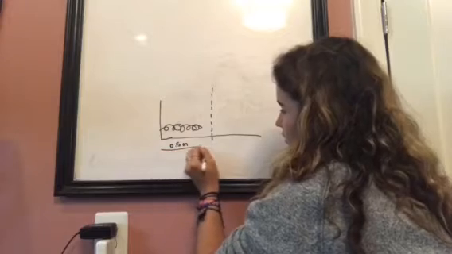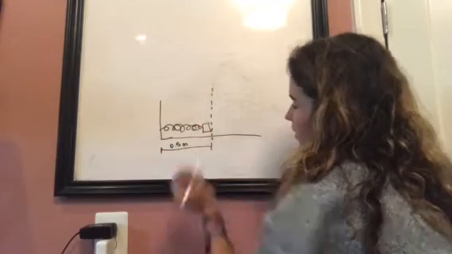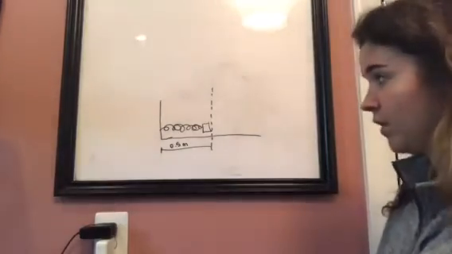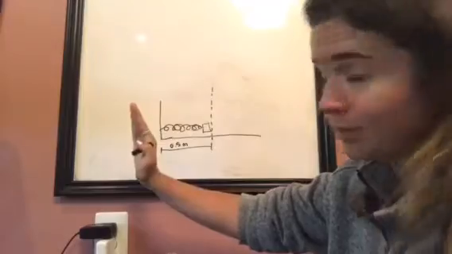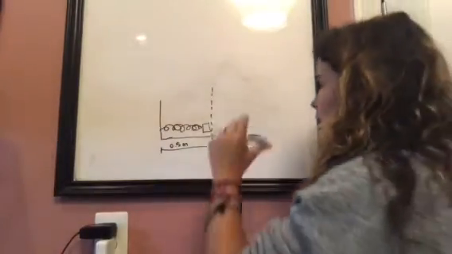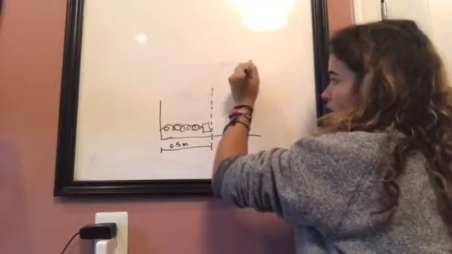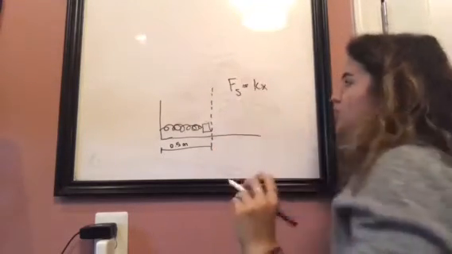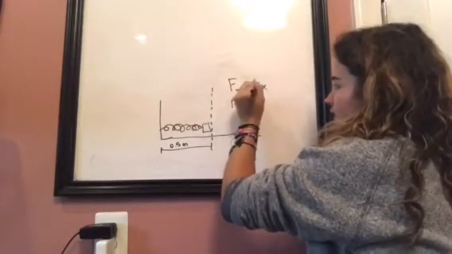So there's the equilibrium position. We're going to attach a box to that, so there's a box at equilibrium. Now if we were to push that 0.25 in that direction, then you're going to have to start calculating the force of the spring. The force of the spring would be equal to kx.